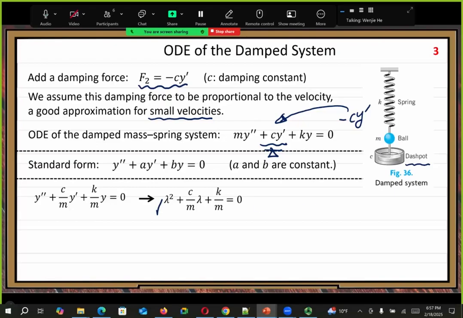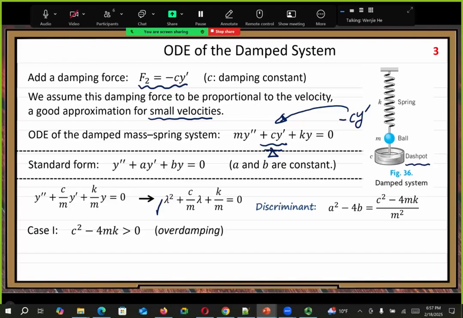Then the discriminant: this time we need to consider it, because it could be positive, negative, or zero. We get this expression. Case 1, the discriminant is positive. Then we call it the overdamping system.